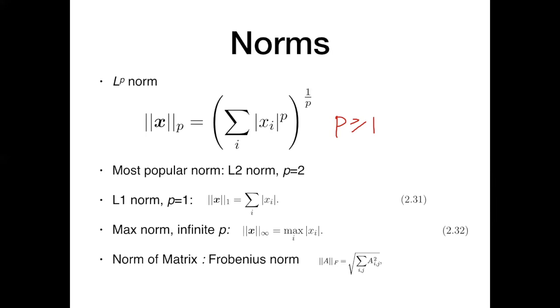When p equals 1, it becomes the L1 norm. The L1 norm is also very commonly used in machine learning when the difference between zero and non-zero elements is very important, because the L1 norm usually encourages the parameters of the model to be sparse and to have more zero elements.